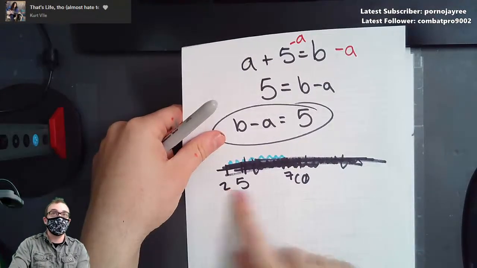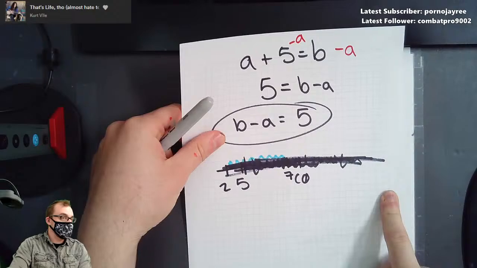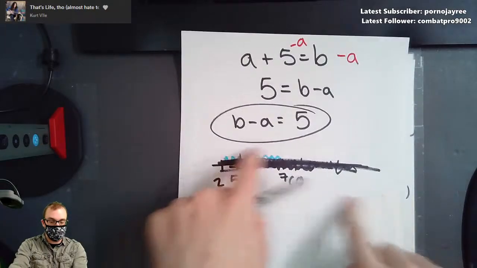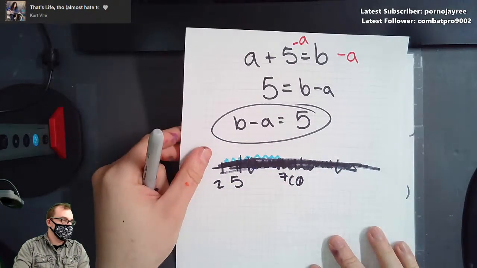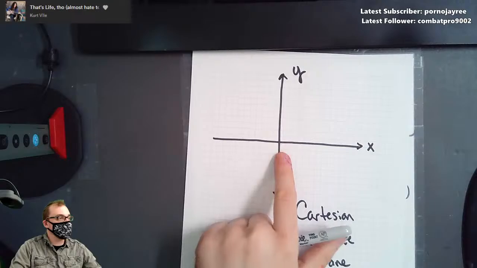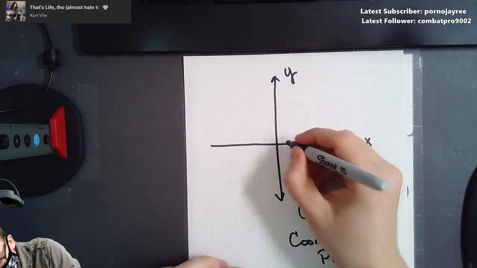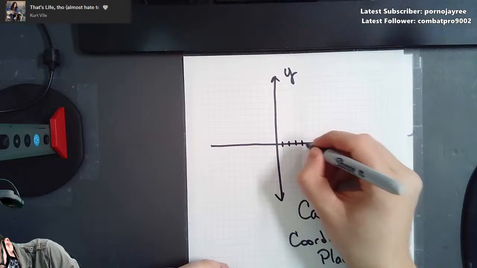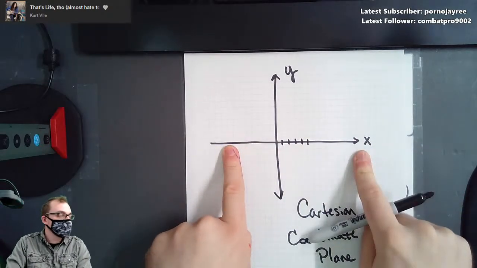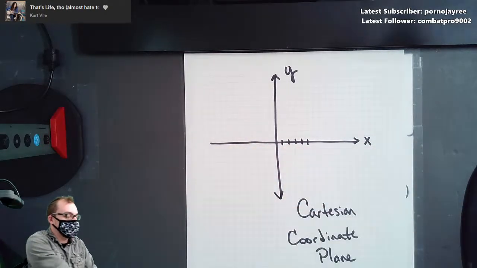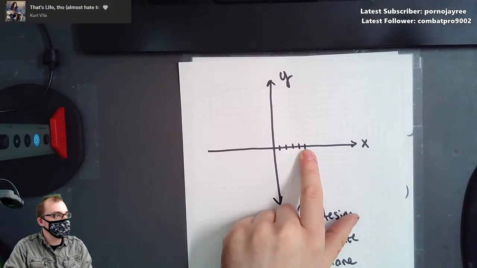Here, if I just use one line, give me all the numbers that are separated by 5, not very useful. On here, we can show all the numbers that are separated by 5. You said 5 and 10, right? So he said, here's 1, 2, 3, 4, 5. It's our number line, 0, 1, 2, 3, 4, 5, all the way off. It's the same thing as this. Here's 5 for one number.